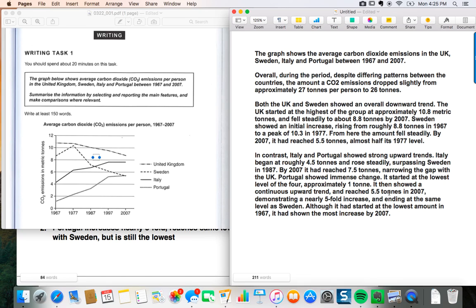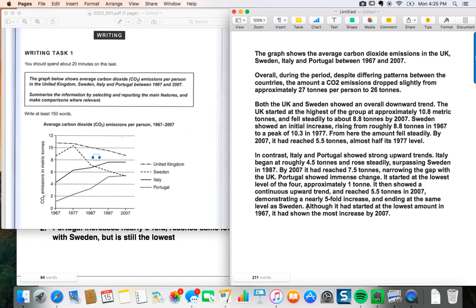And reached 5.5 tons in 2007, comma, demonstrating or showing a nearly 5-fold or 5 times increase, and ending at the same level as Sweden. So this is really nice. Comma, ing, and ing. So it's a nice parallel structure as well.